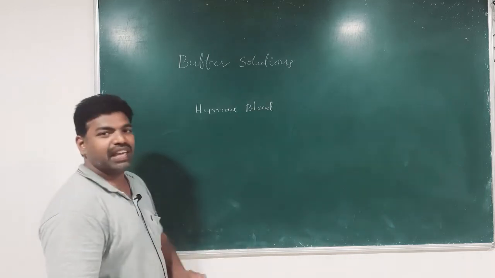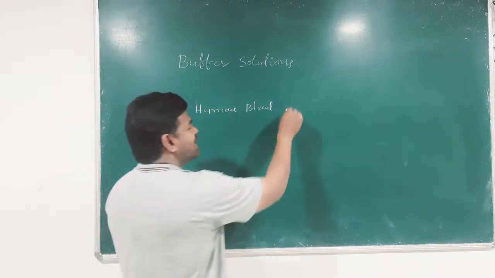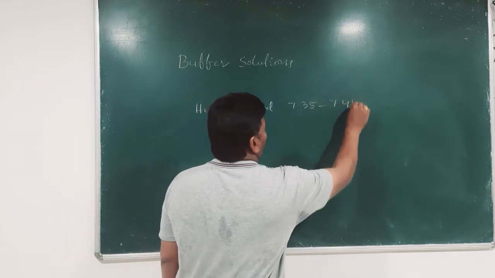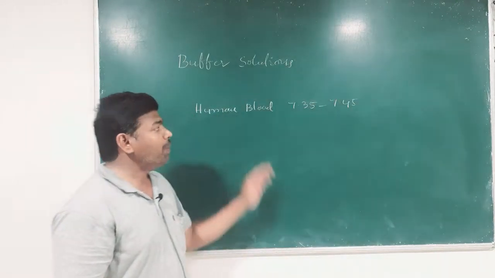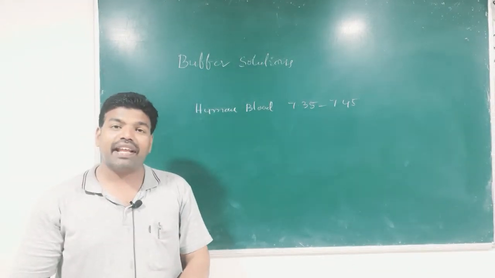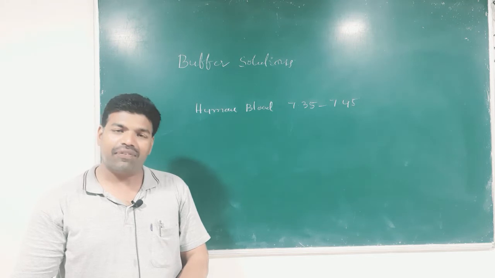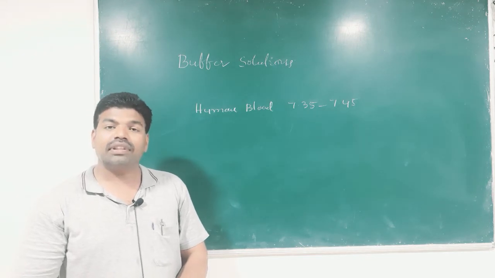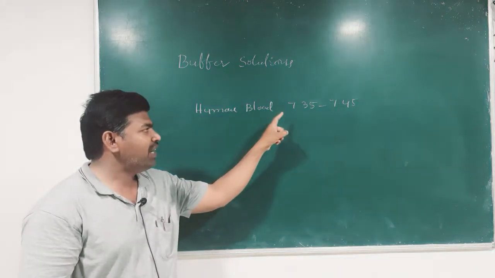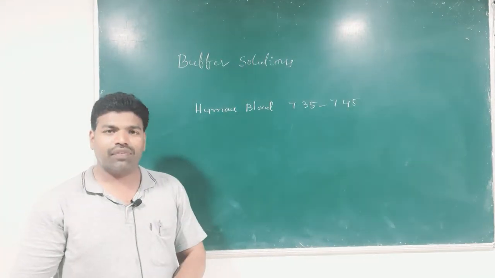Human blood pH is in the range of 7.35 to 7.45, so human blood contains a carbonic acid and bicarbonate anion buffer to maintain the pH in that range.